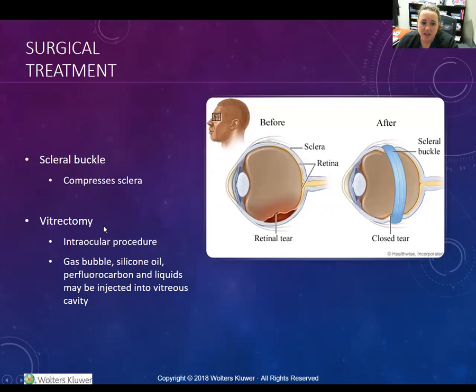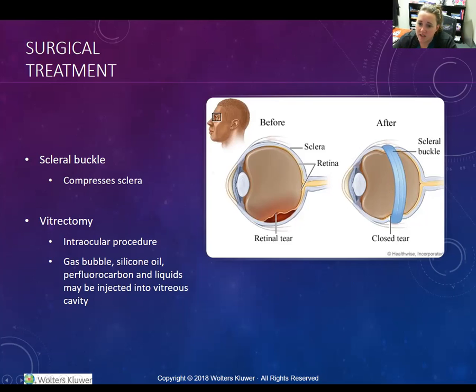And then we have the vitrectomy, where they inject through the back of the eye. They can either use a gas bubble or silicone oil into the back side of the eye, and it works kind of like the buckle, but it's a big circle of gas or oil that compresses on the retina and holds it down.